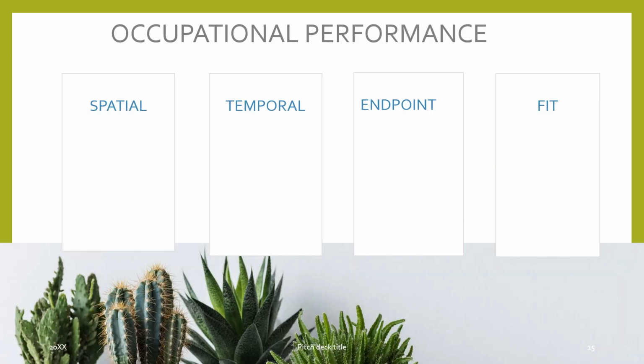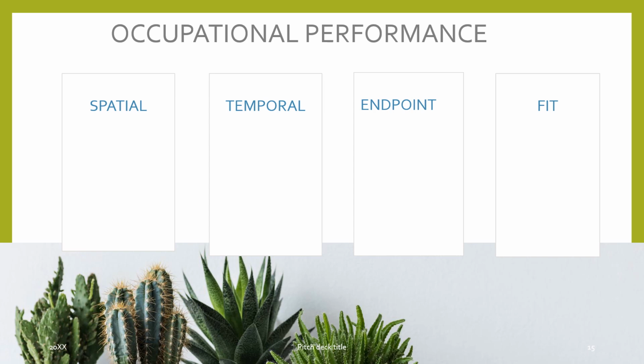And then there's the occupational performance, which is that outcome, and it results from the interaction of all three components, the person, environment, and occupation. And the occupational therapist's unique role is one of enabling occupation.